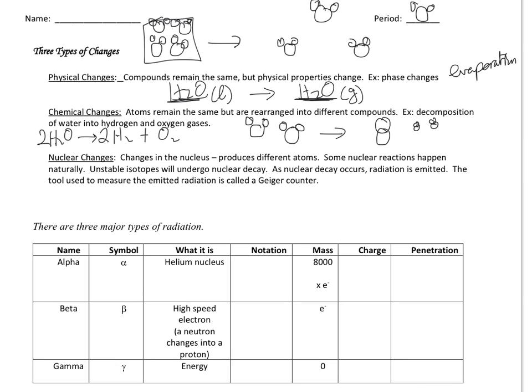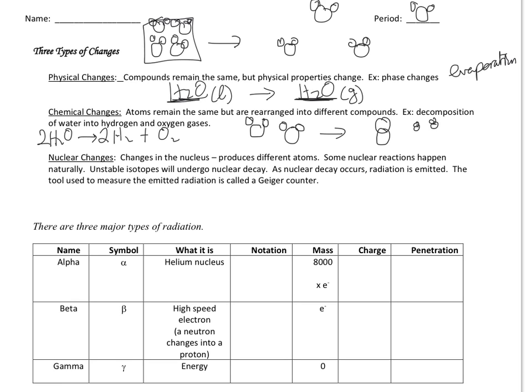Some nuclear reactions happen naturally, like in the sun, for example, where the deuterium or the heavy hydrogen fuses together to make helium in the sun. And some are reactions that do not happen naturally that we can have in a lab, in a nuclear reactor.